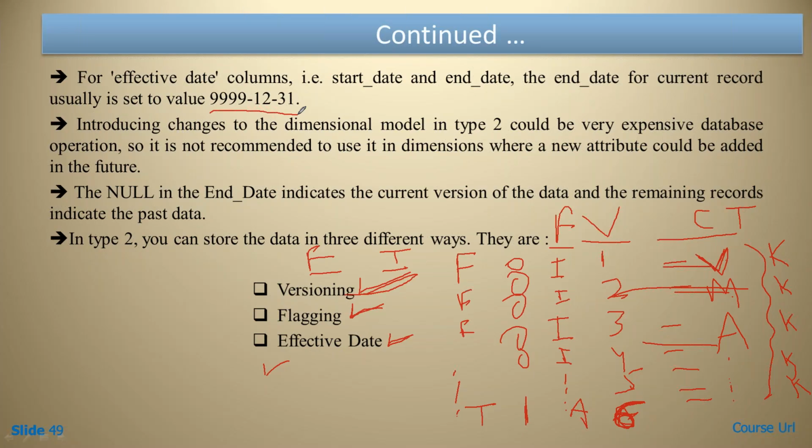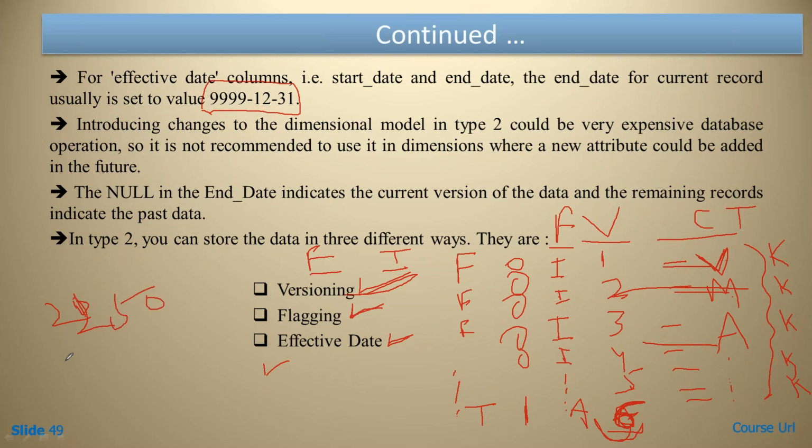Since we don't know anything, we should maintain this date, year and month for the to-date field of this last active one which you are using. Okay, so this is as per the rule, but in many projects, instead of using this 9999, some future date they are giving, a future year like 2100, or 2200, suppose 2250.